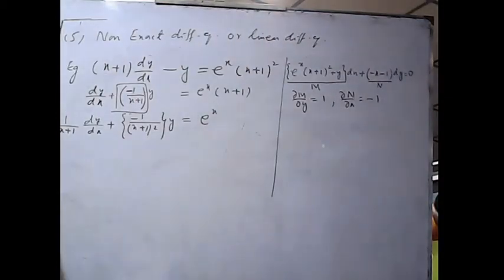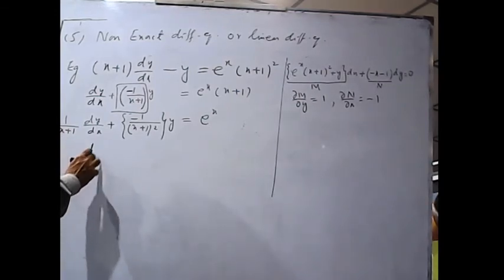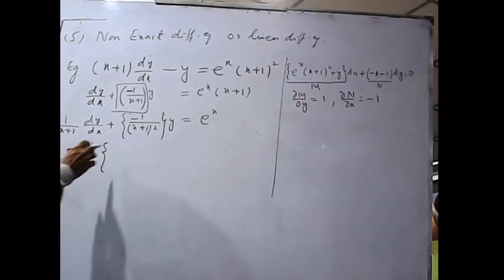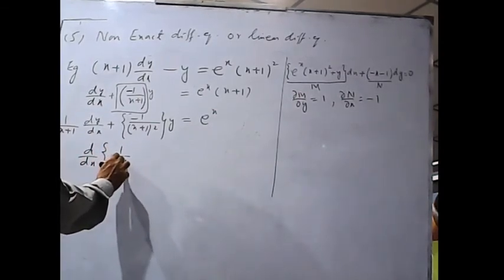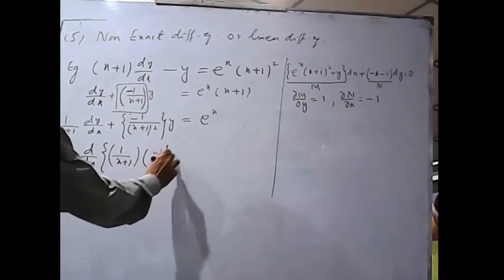Now maintain this u into v formula. U into v formula, d by dx, just like in general form, integrating factor multiplied by the dependent variable y.